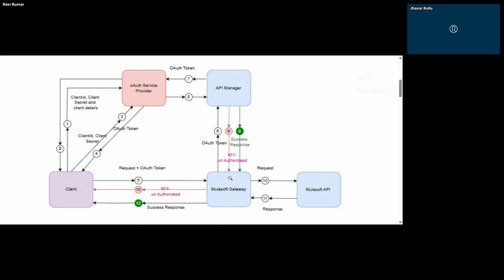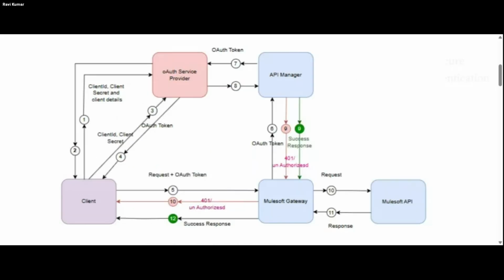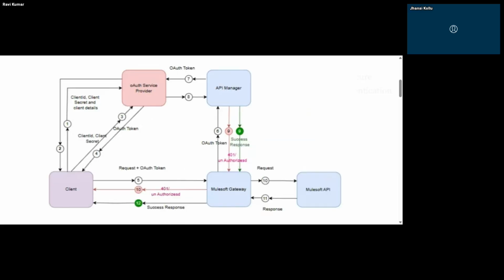Where can I get the client ID and client secret details in the OAuth service? Let's say if you want to register any client using OpenID Connect, then you need to go to Exchange, and there you will register one client. Then you will get one client ID and client secret.